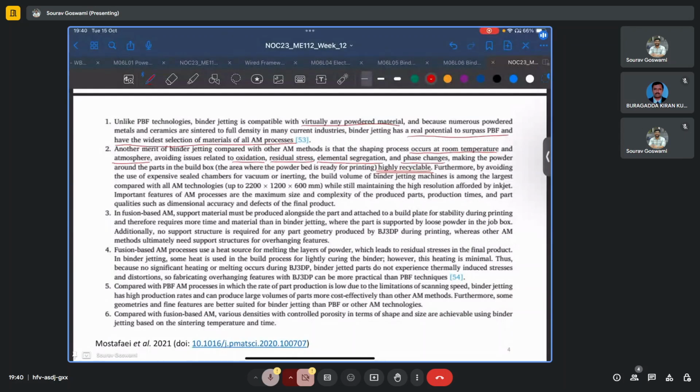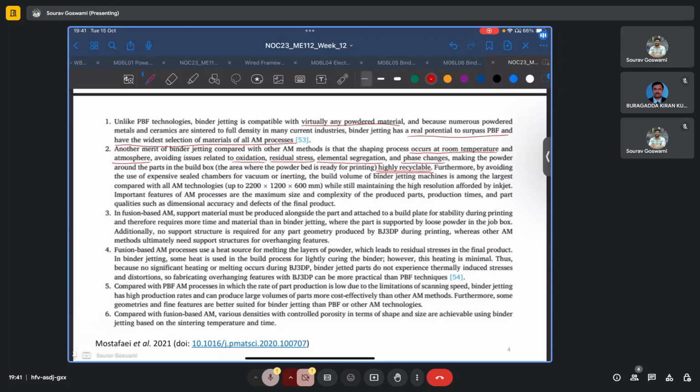And upon encounter with these high temperatures, this is in a sense a form of in situ heat cycling or heat treatment. The thermal cycles can permanently change the metallurgical properties of the powders. Thereby, they may not be directly recyclable, and even when recycled, the properties will be different from the nominal alloy. However, in the case of binder jetting, because high temperatures are not encountered, the powders become highly recyclable.